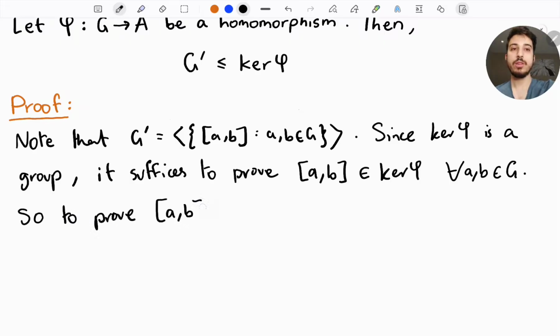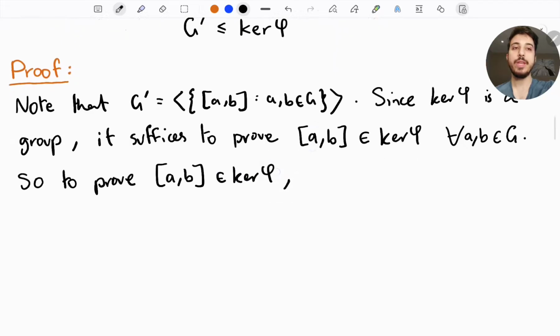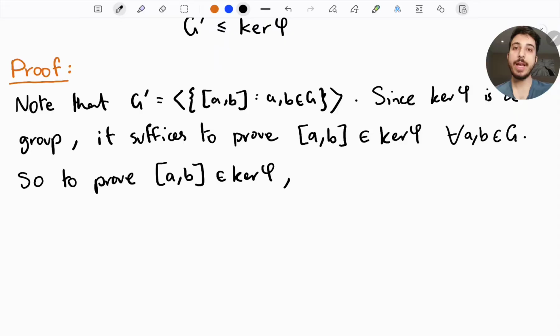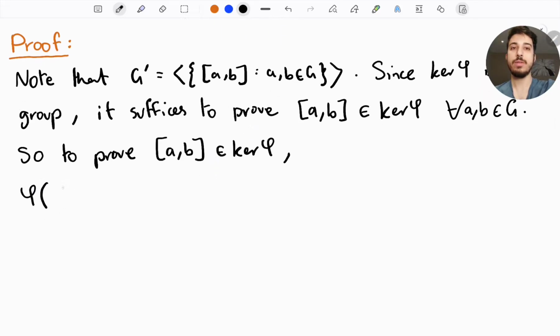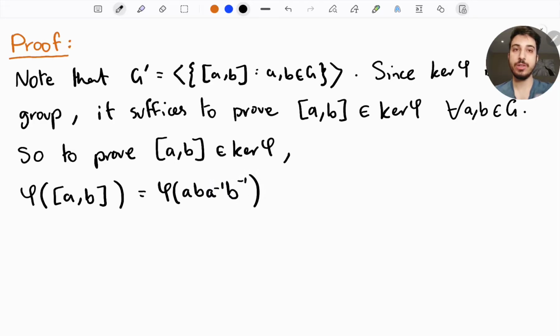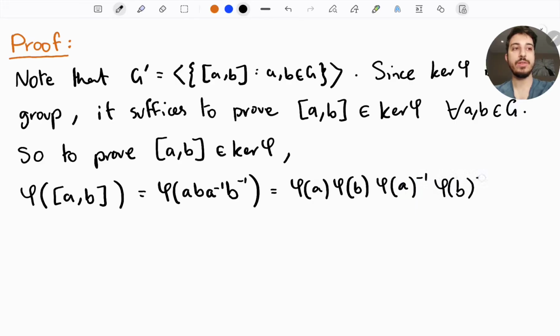So to prove that the commutator [a,b] lies in the kernel of phi, we need to take phi of that commutator, and we hope that phi of that commutator gives the identity element in A. So phi of the commutator is equal to phi of a times b times a inverse times b inverse by definition of the commutator, and this equals phi of a times phi of b times phi of a inverse times phi of b inverse, because phi is a homomorphism, so we can do this splitting up of elements here.